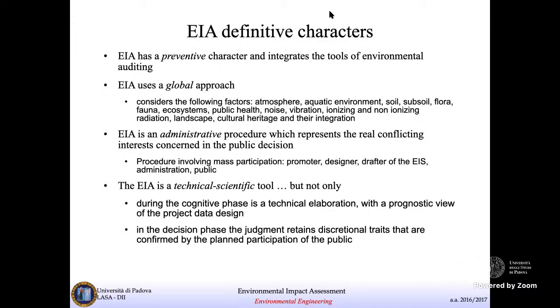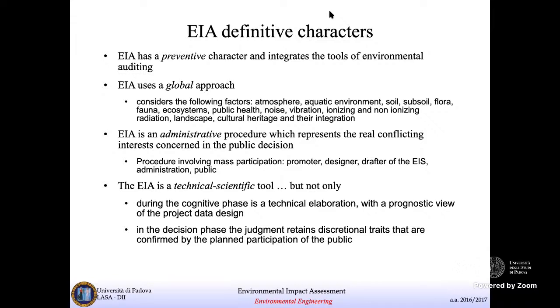As I told you, environmental impact assessment is a technical scientific tool, but not only. During the cognitive phase it is a technical elaboration with a prognostic view of a project design. Prognosis means we are looking at scenarios: what the ecosystem will look like after the implementation of human actions.